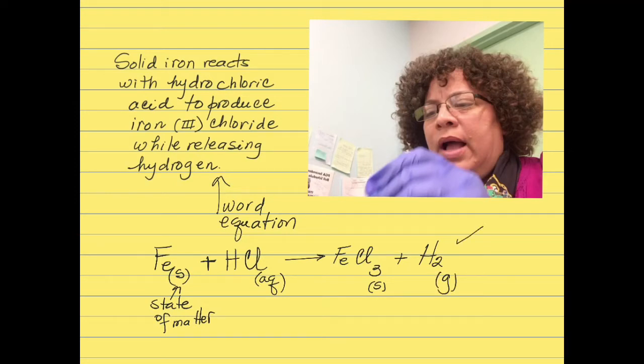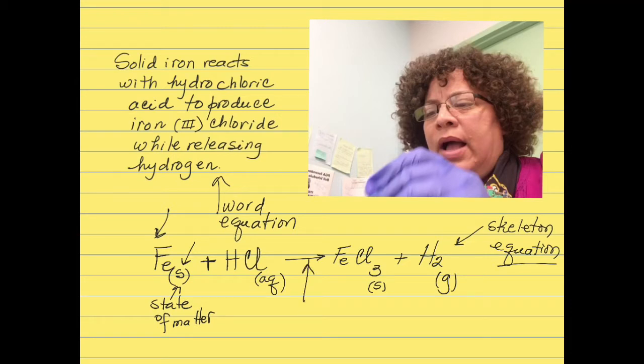What is this? This is what we call a skeleton equation. What do you need to write in a skeleton equation? You're going to be using the symbols of the compounds and elements involved, and the stoichiometry.